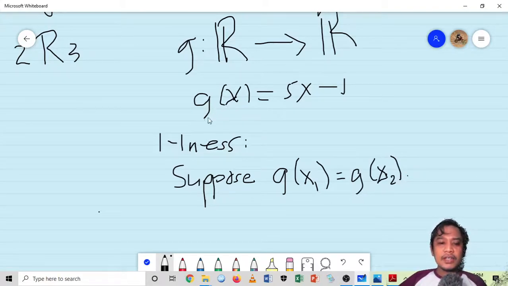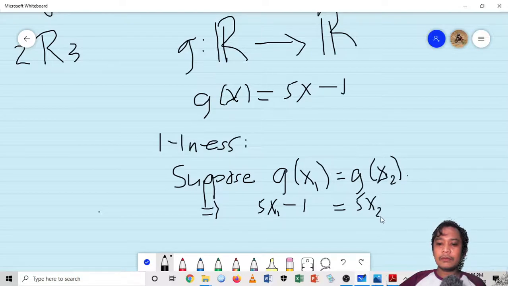Now, since g is defined by the equation g of x equals 5x minus 1, if the element here is x sub 1, then its image would be 5x sub 1 minus 1. So, it should follow that the image of x sub 1, that is 5x sub 1 minus 1, is equal to the image of x sub 2. So that would be 5x sub 2 minus 1. Okay?